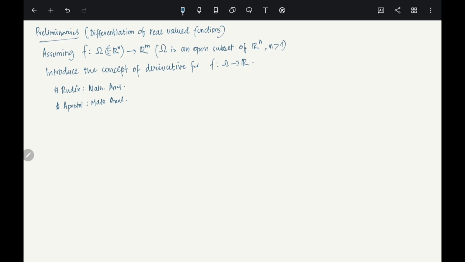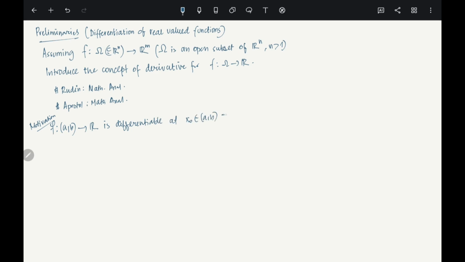So let me introduce the concept. This is the motivation. Let f be from (a,b) to R. f is differentiable at a point x0 in (a,b).